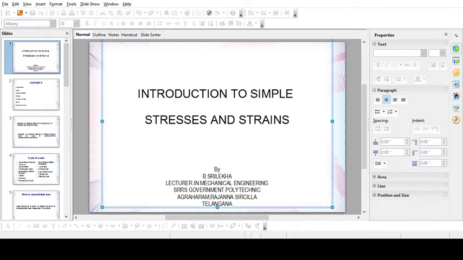And also mechanical properties of some common engineering materials we are going to discuss, like ductility, malleability, resilience, strength, hardness, creep. All those will be explained in this chapter. And thereafter, we are going to discuss the stress strain diagram for mild steel and cast iron.